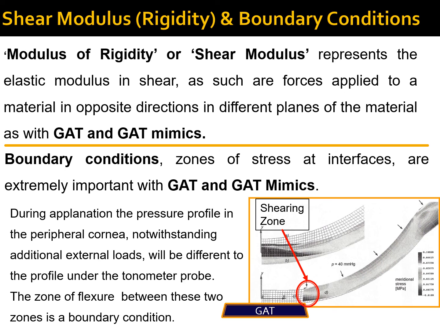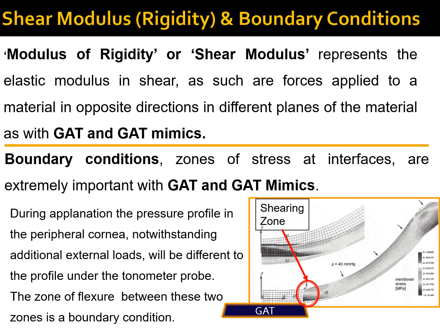Now, another couple of points. The modulus of rigidity is shear modulus. So if you use the term shear modulus, it's more descriptive than saying modulus of rigidity, but they're the same thing. And this represents the elastic modulus in shear. So it is a different thing to Young's or elastic modulus. So as such, the forces are applied in the material in opposite directions in different planes of material.